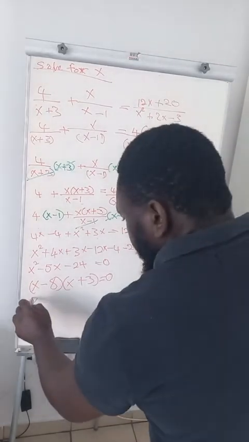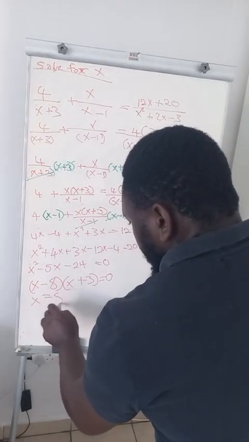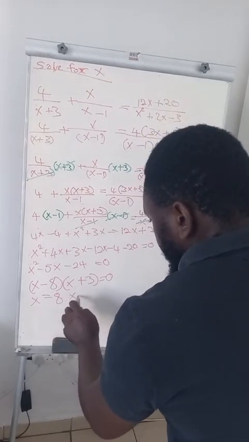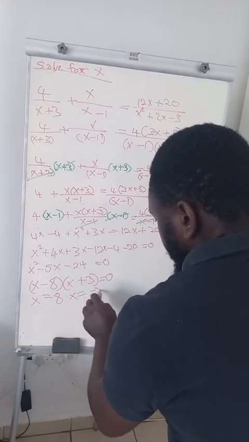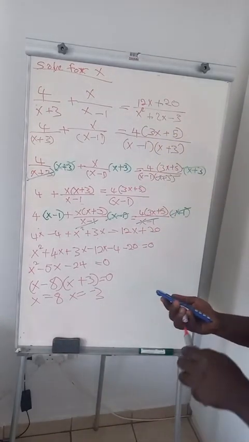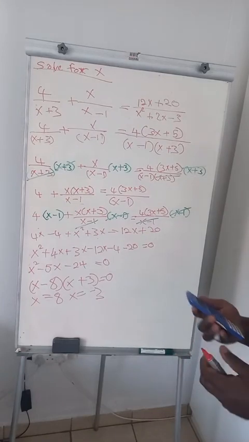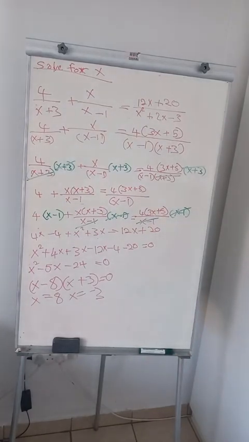Then it means here you'll have x is equal to 8 and x is equal to minus 3. And then that's your final answer. So this is just what you have to basically do when you get this type of question.